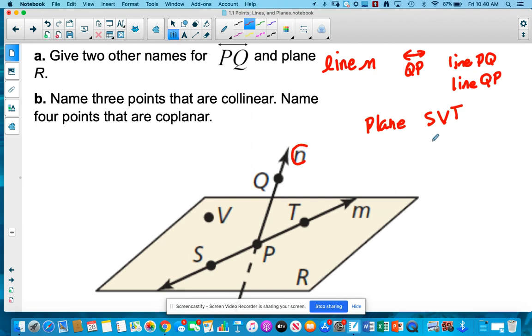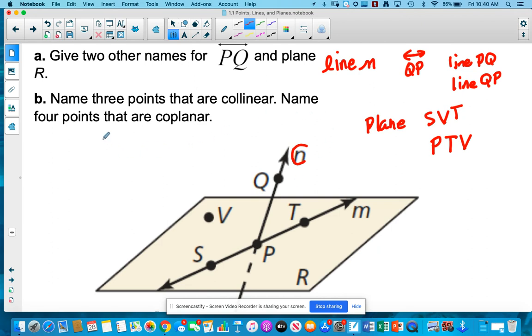You could say plane PTV, but no matter what, you have to have V in that combination because it is the only one that's not on the same line, okay?